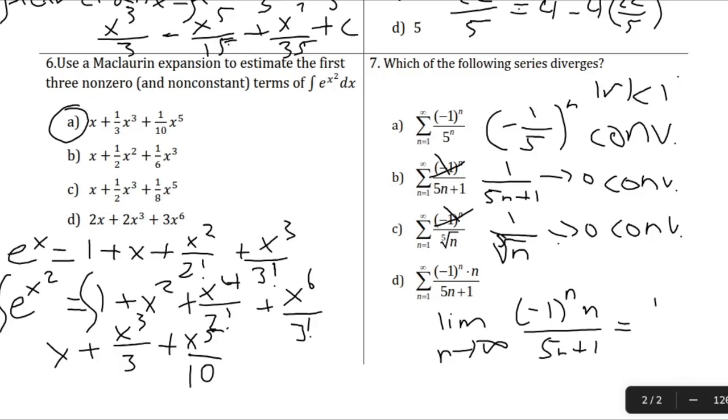It's going to be 1/5, because this -1 to the n doesn't affect the limit per se. What affects the limit is the fastest growing terms, which is going to be our n and then 5n. And then when we divide those, it's going to be 1/5. And that is not equal to 0, which means the nth term test determines that it diverges, which means our answer is D.